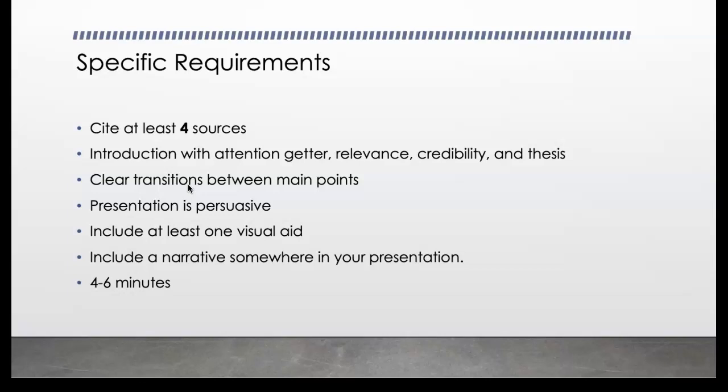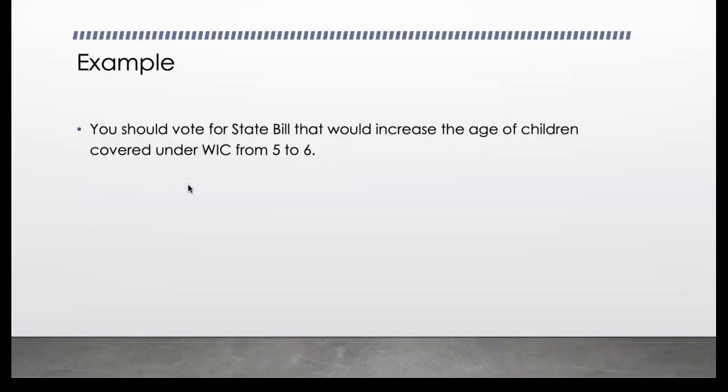Your presentation must be persuasive, not just informative, so at some point you need to make it very clear that you are asking me to do something. You'll need to include at least 1 visual aid and a narrative somewhere in your presentation, and it will be 4 to 6 minutes long.